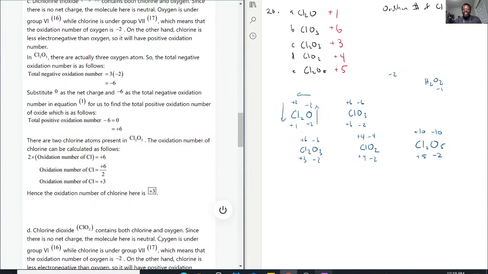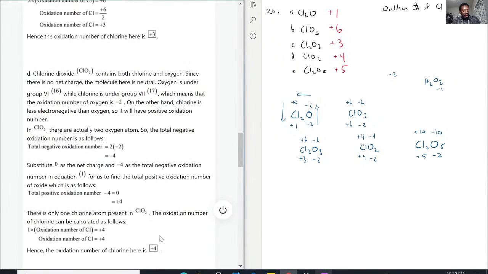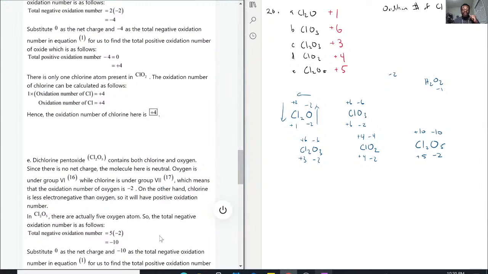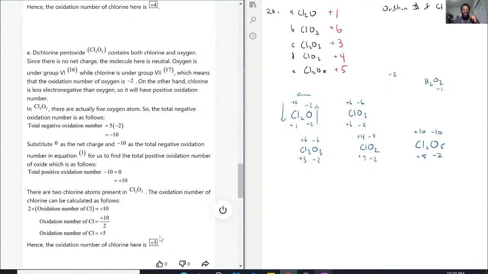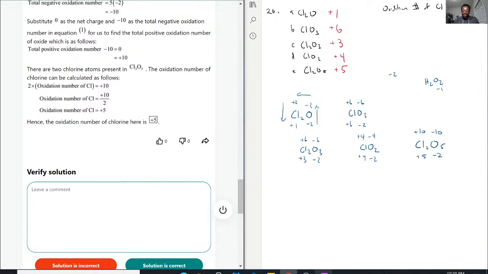In chlorine dioxide, we get +4. So far so good. And for the last one, dichlorine pentoxide, hopefully we get +5, and indeed we do, +5. So with that being said, all of this is correct.